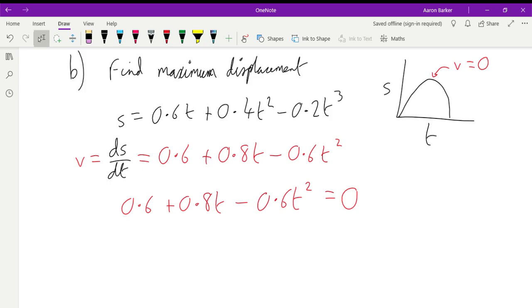So I'm just going to pop those values into my calculator, or you could try and solve it in a different way, I suppose.